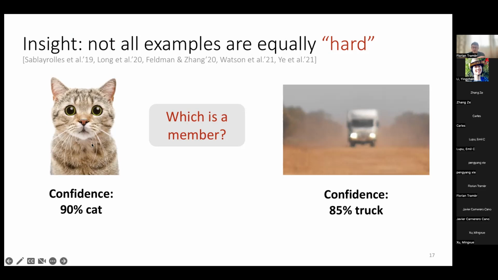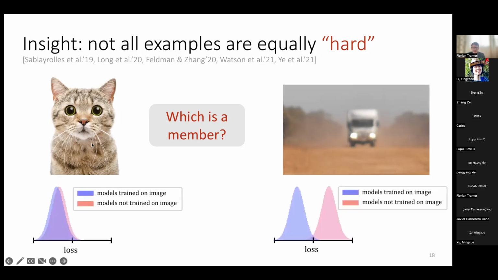The reason is that any classifier that's been trained on images of cats is going to have a very high confidence on this leftmost image, because it's a very typical inlier. You don't have to have seen this exact image to know this is a cat.